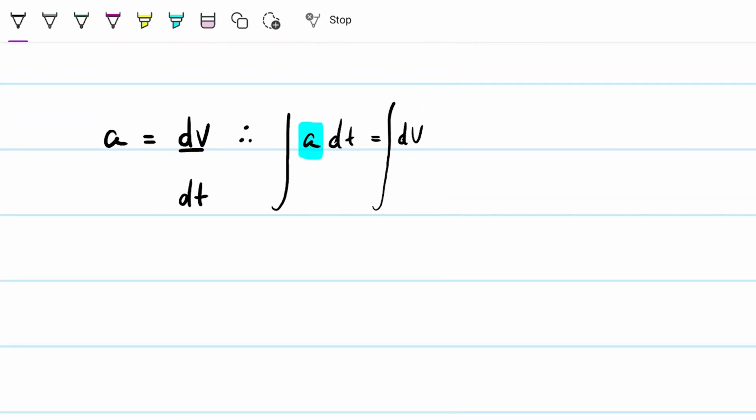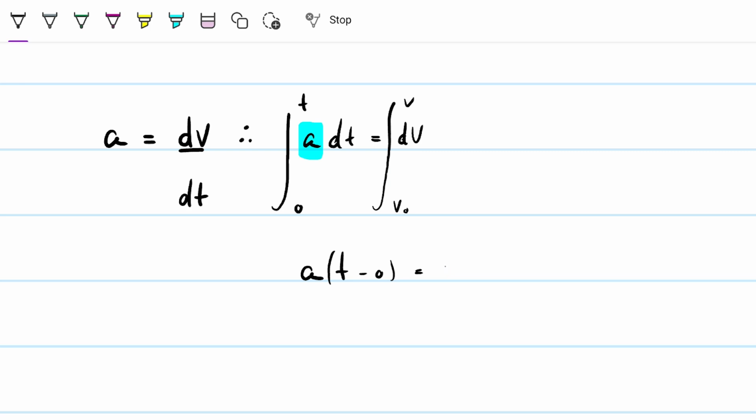Straightforward. We're going to go from 0 to t, and here from v naught to v. Note that once I do that, I'm already doing a boundary condition, right? I'm saying that when time is 0, my v is v naught, or initial velocity. And here, because my acceleration does not care, it's just going to come out of the integral, and I'm going to be left with t minus 0.